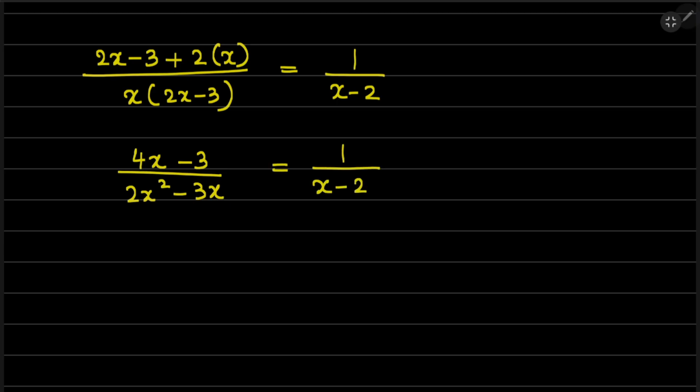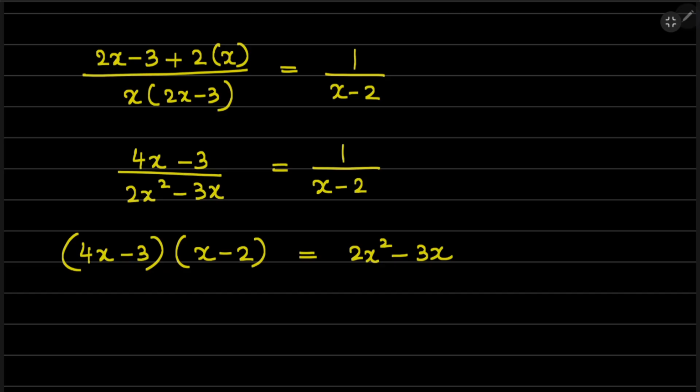Now you can cross multiply. So you have 4x minus 3 multiplied by x minus 2 is equal to 2x square minus 3x, which will go to the RHS. When you cross multiply, these two terms multiply each other and these two multiply each other. So now you can write down 4x into x is 4x square minus 8x minus 3x plus 6.